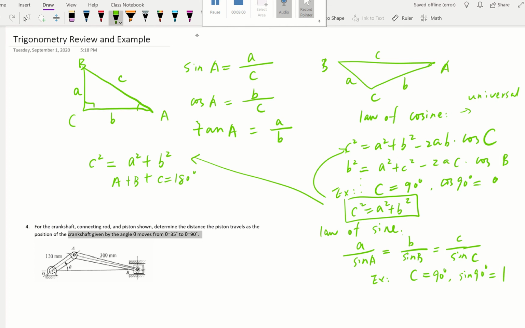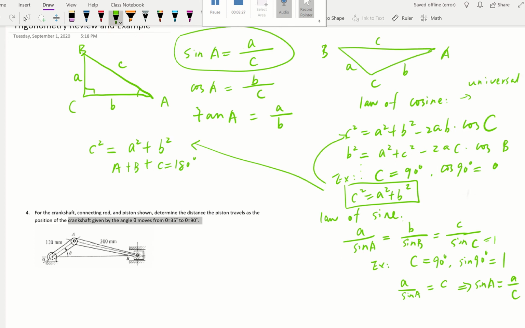So if that's the situation, plug that in. This is going to be equal to 1. Then sine A equals a over c, which is the same as here. That's the trig function for the right triangle. That's pretty much what I'm going to review for trig.